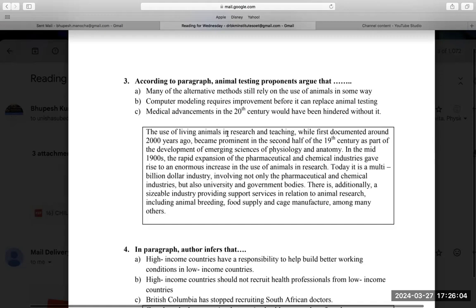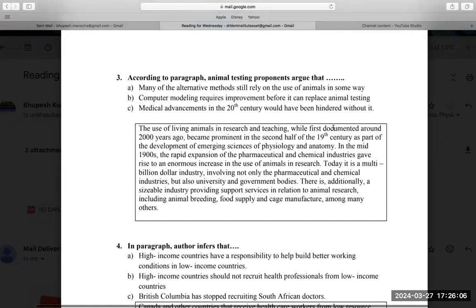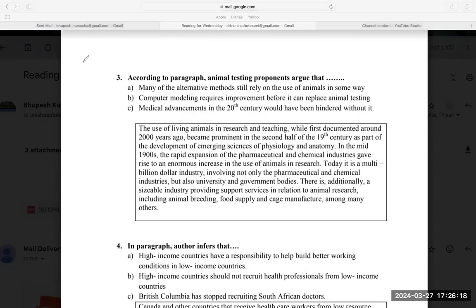The use of animals in research and testing, while first documented around 2000 years ago, became prominent in the second half of the 19th century. We are living in the 21st century, and right now the year is 2024.